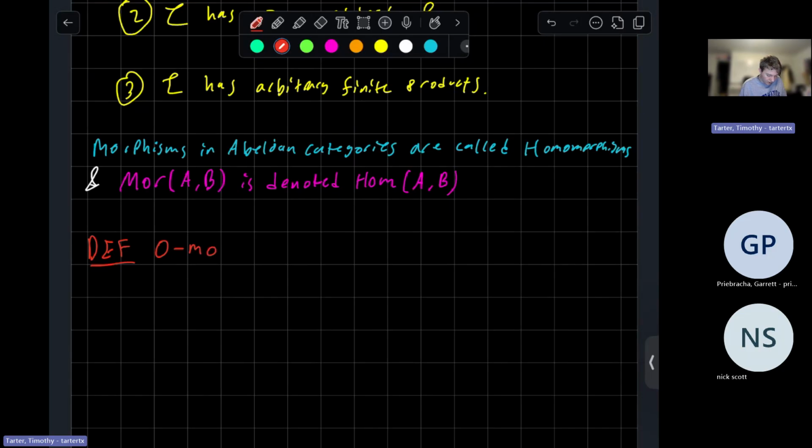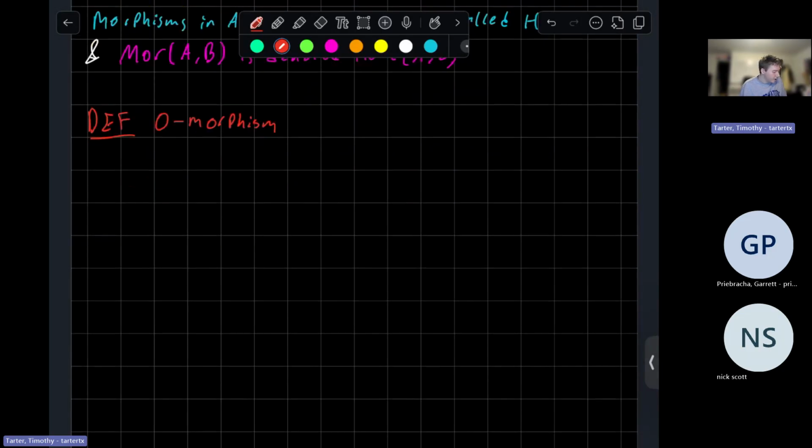So the zero morphism in the abelian group hom AB is the composition A to 0 to B.